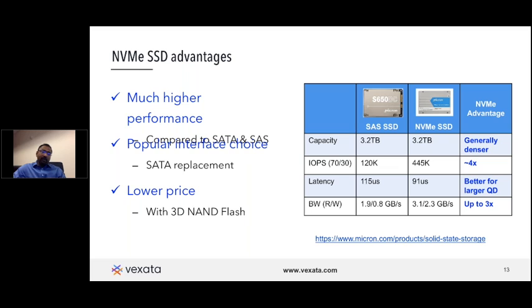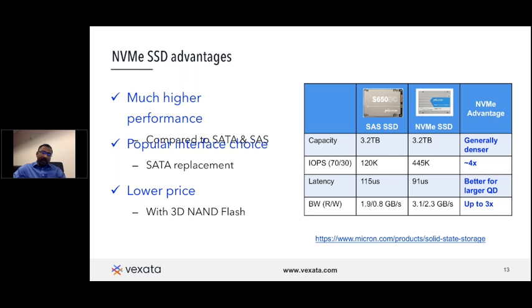Even though here the latency number is just slightly lower compared to SAS, what really happens is that at really high performance, when you stress out the SSD quite a bit, the latency of a SAS SSD is going to be much worse than that of NVMe. So what NVMe brings is more consistent latencies and really high IOPS.